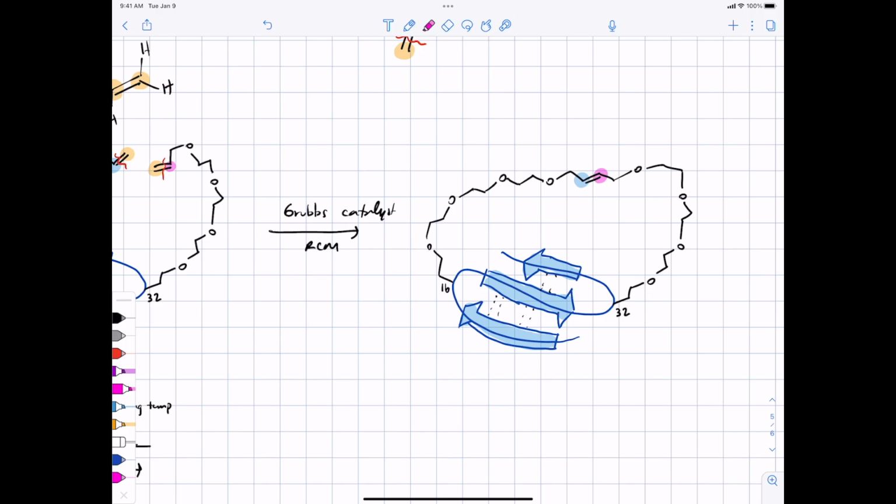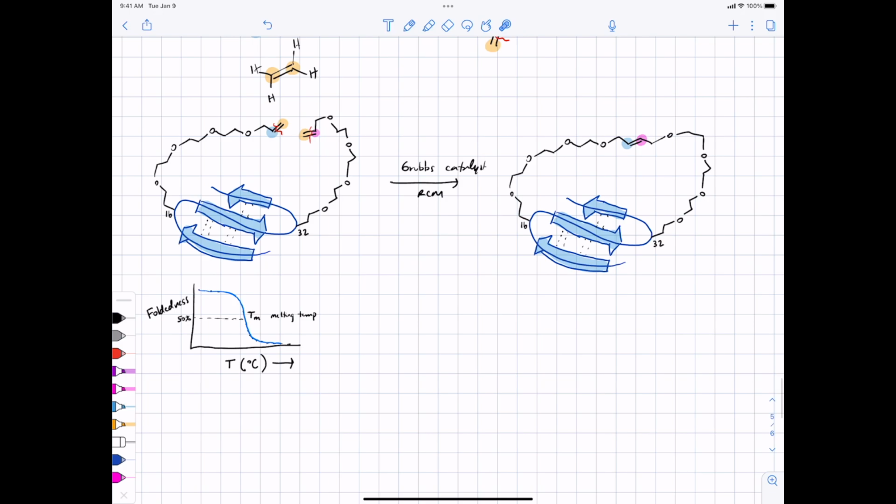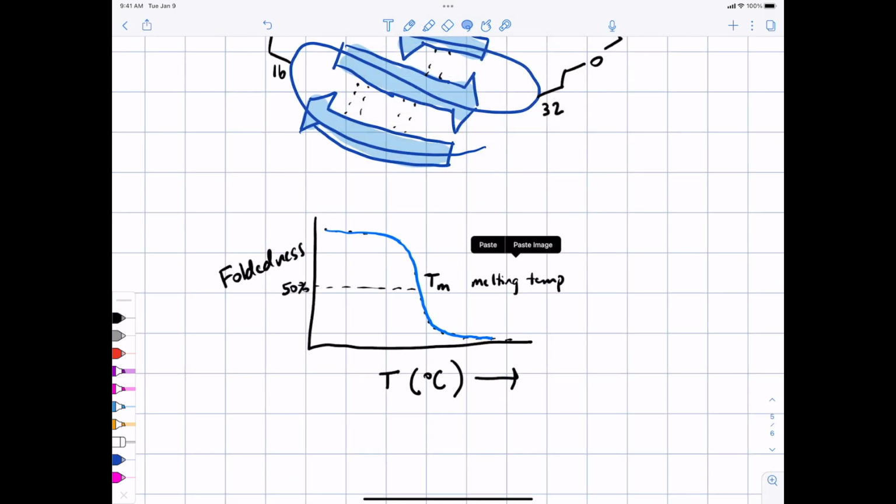Close enough. Okay. So now these two positions that are far apart in sequence are now constrained to be close to each other. And we repeated the experiment where we assess foldedness after doing this reaction. And it turns out that you had to turn up the temperature to a higher amount before foldedness went away.